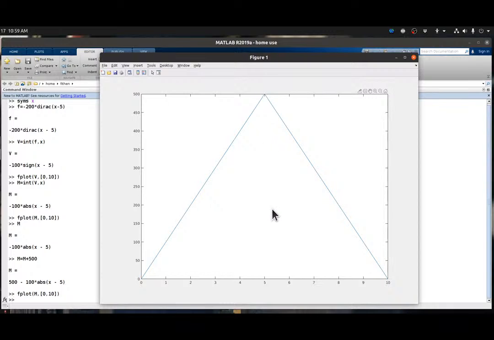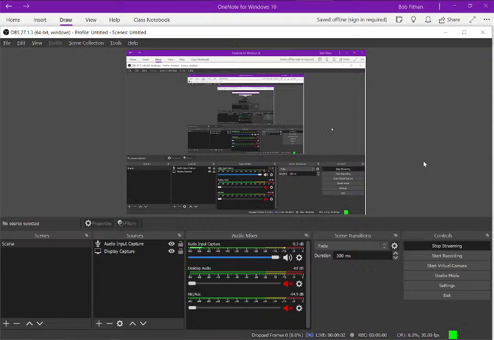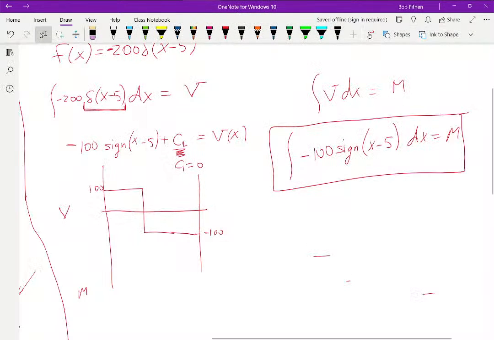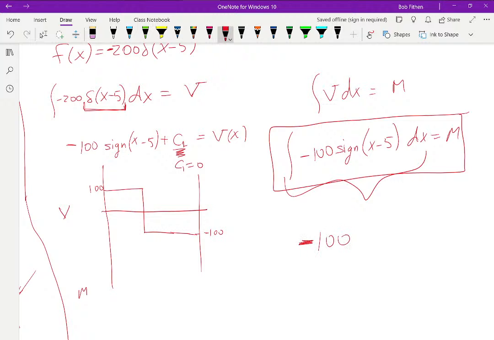Let me switch back. Okay, I'm back over here. So as it turns out, in a MATLAB sort of sense, this integral ended up being, and I'm having to look back at the screen, minus 100 times the absolute value centered at 5.